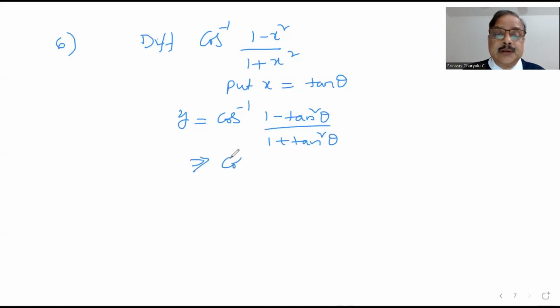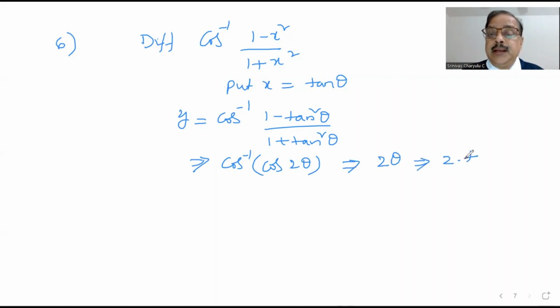This becomes cos inverse cos 2 theta. 1 minus tan square theta divided by 1 plus tan square theta is called cos 2 theta. So again cos inverse and cos get cancelled. You will be left with 2 theta, again 2 into tan inverse x. So finally this is reduced to 2 tan inverse x.